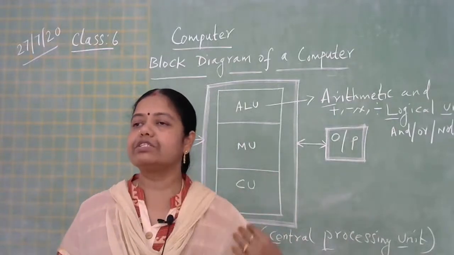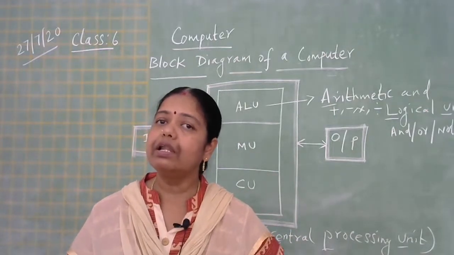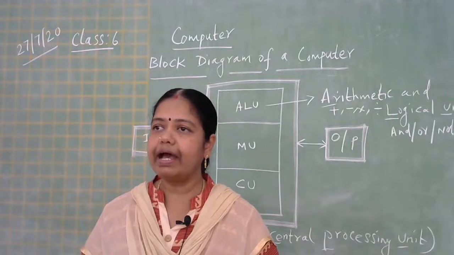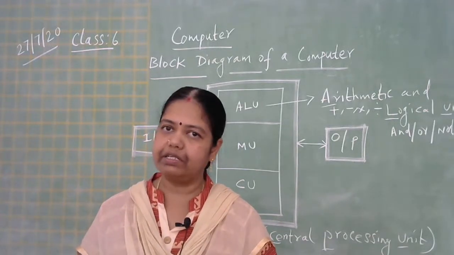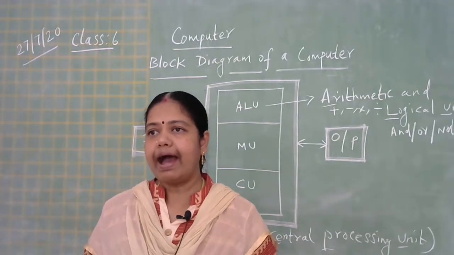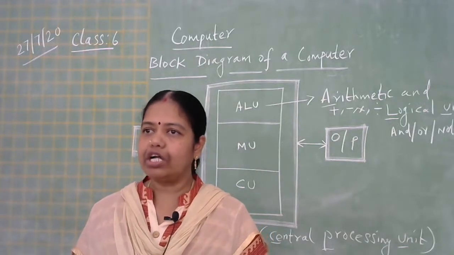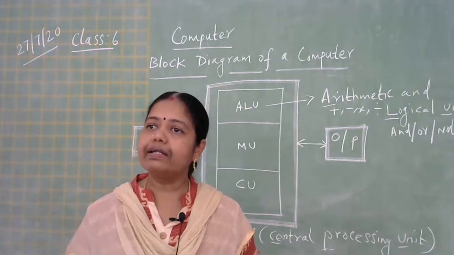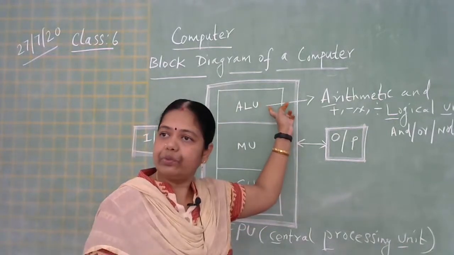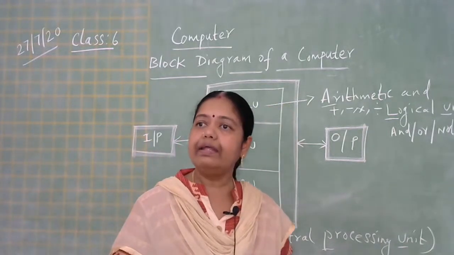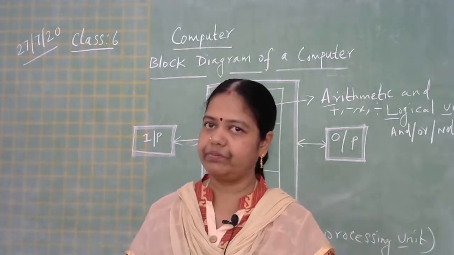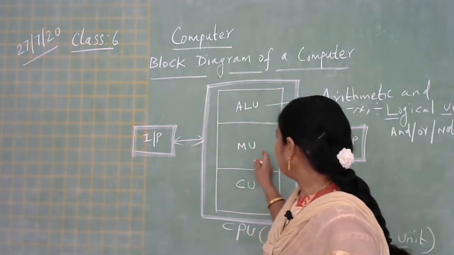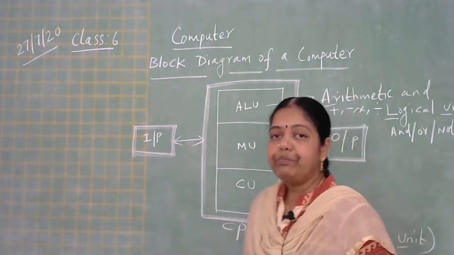These three operations are called the logical operators. In a computer, all the arithmetic and logical related operations are performed under the ALU, arithmetic and logical unit.